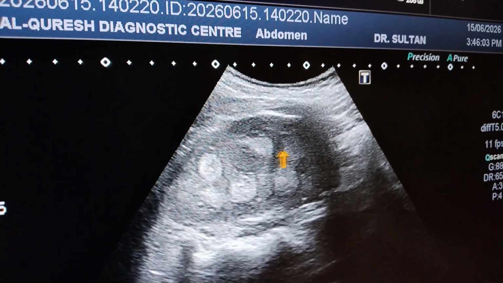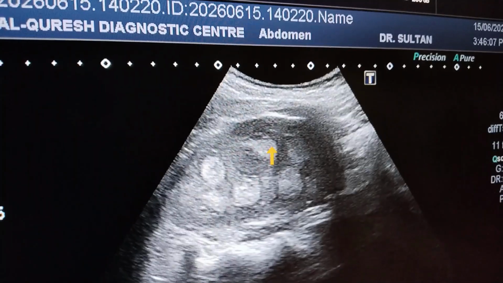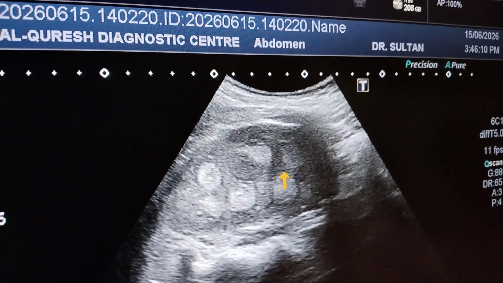So this is diffusely hyperechoic, but no such calcification and posterior shadowing is seen.